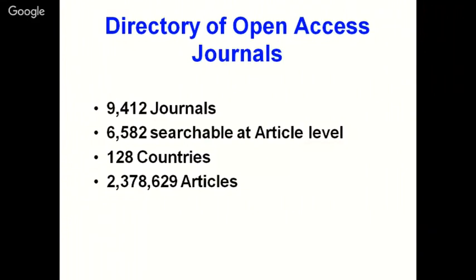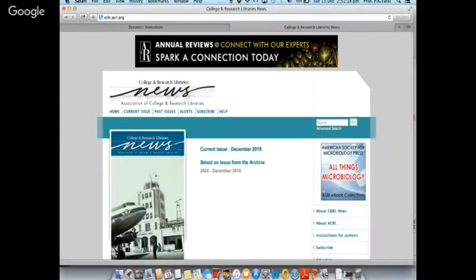This particular site gives you an idea of 9,412 journals. And at the article level, 6,582. You can go to the article and see it. 128 countries at present are able to contribute and access. You can see how much: 23,78,629 articles are available. So a lot of data is available these days.